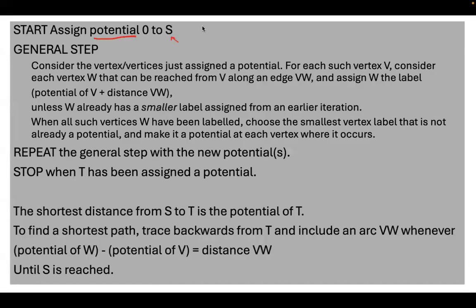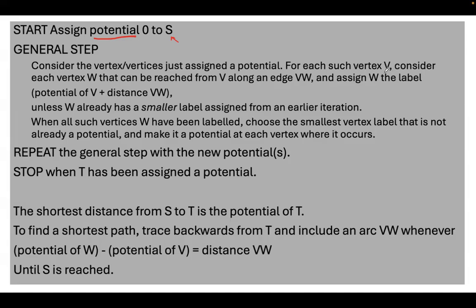So to start with, let me move this down here. Wherever we start, it has potential 0. Among the vertices just assigned a potential, which initially is just S, we consider every vertex that we can get to from S. So where can we go from here, and we find the edge weight plus whatever our potential is.